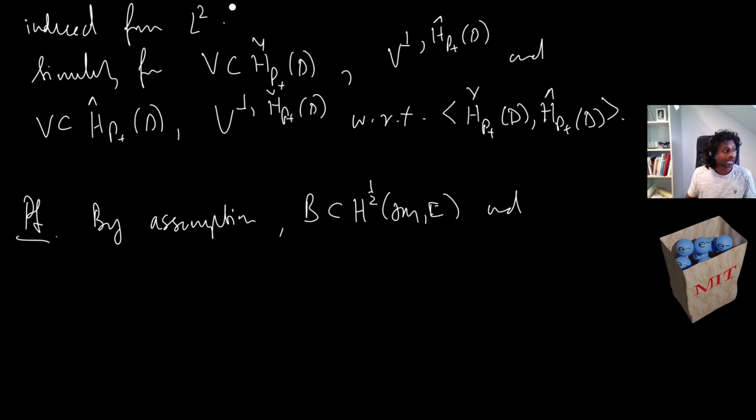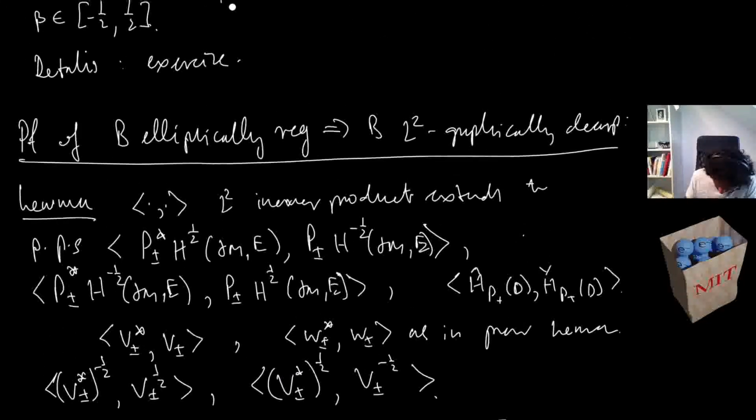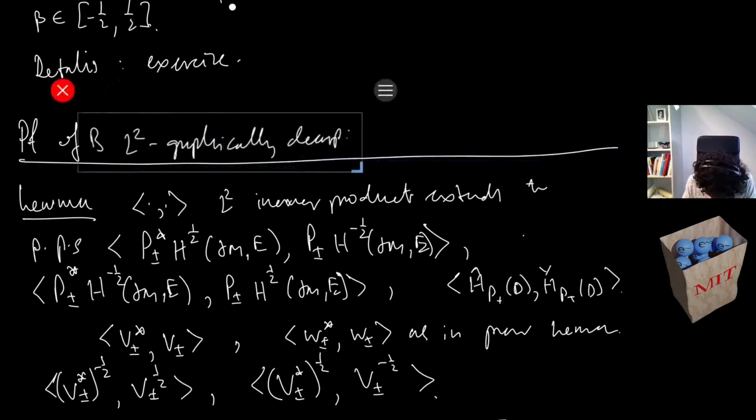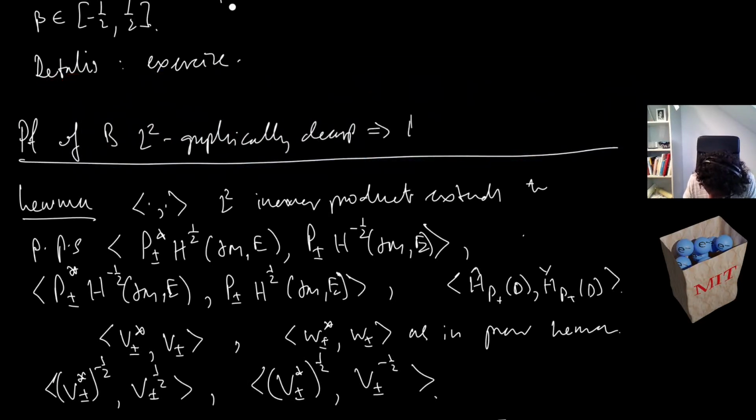And we have that the adjoint boundary condition is also sitting in H half. Sorry, this is the wrong direction. I'm really sorry. This is the harder direction. This is that if we have a graphical decomposition, we end up getting an elliptically regular boundary condition. So B L2 graphically decomposable implies B elliptically regular. That's the direction we're proving, right?